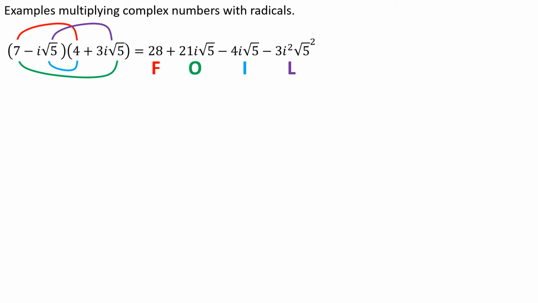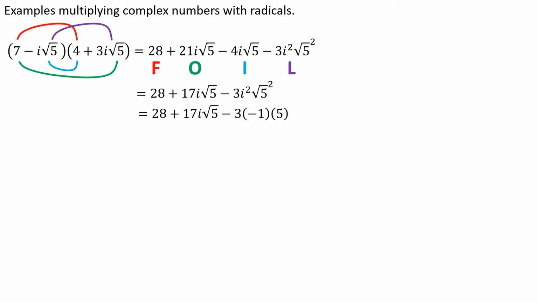Next example, I'm going to do that a little bit differently to show you the other method, all right? But here I did it as square root of 5 quantity squared. Of course, O and I will combine, as they usually do. 21 subtract 4 got me that 17. I still need the i and the root 5. And now with that last term, i squared will be negative 1.